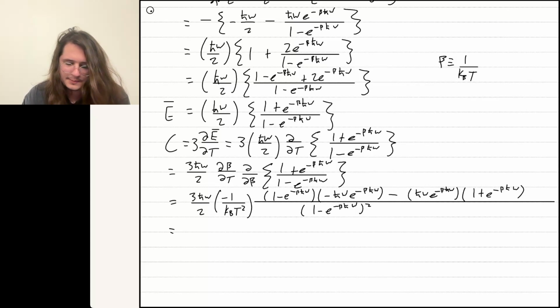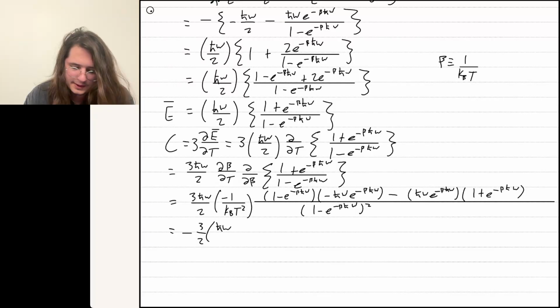What I'm going to do now is move the h bar omega into these little parentheses, but then move the minus sign out. So it's h bar omega over k_B T squared.